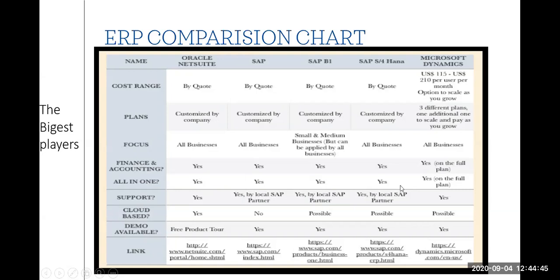So you have accounting and finance in the full plan, all-in-one support. Now this is key. What is it saying? Local SAP partner. These are such big companies that they are not able to provide support individually, but they will have a partner near your place geographically who should be able to provide support.